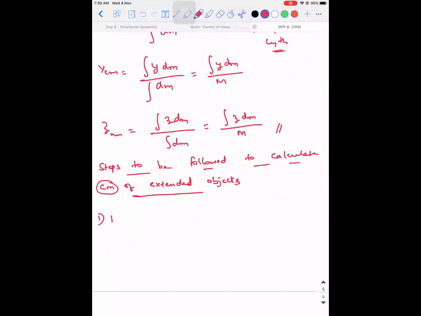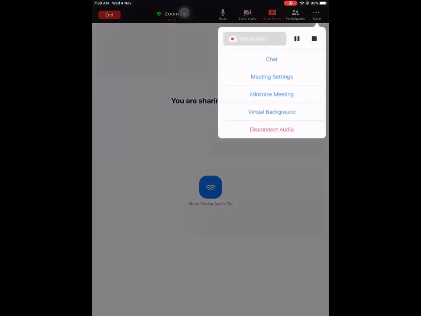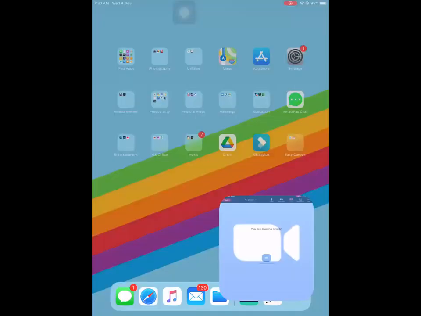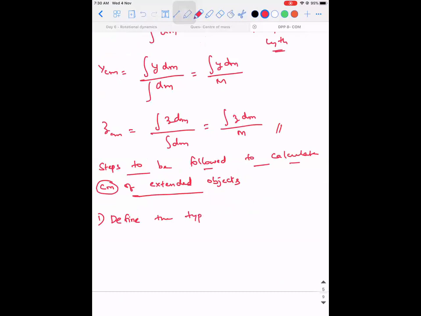So first, define the type of mass density.